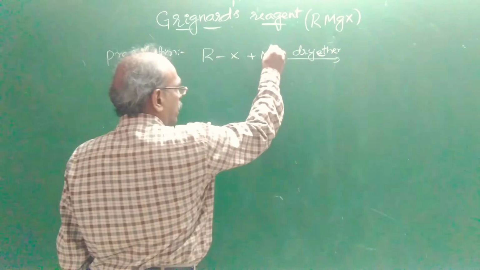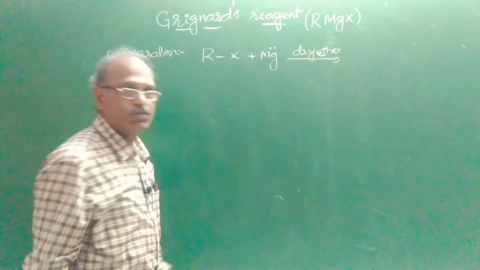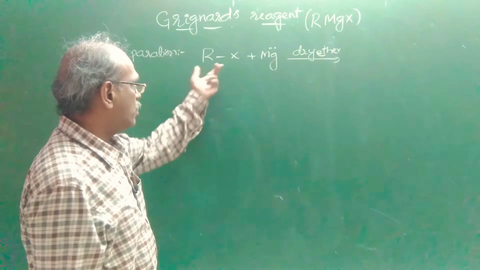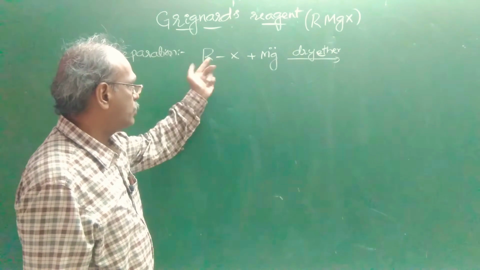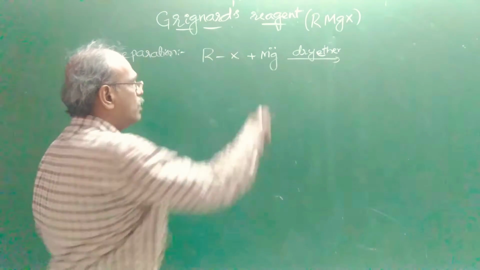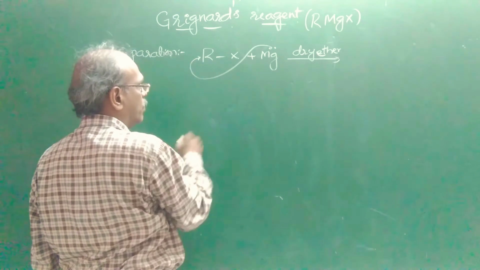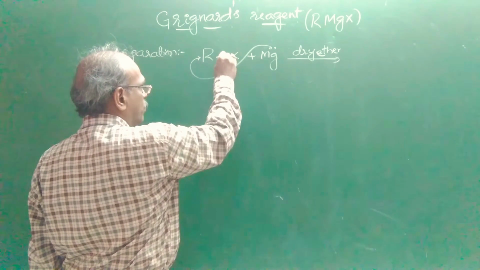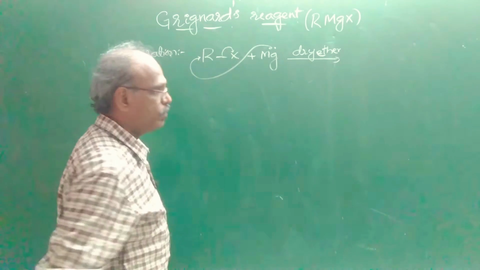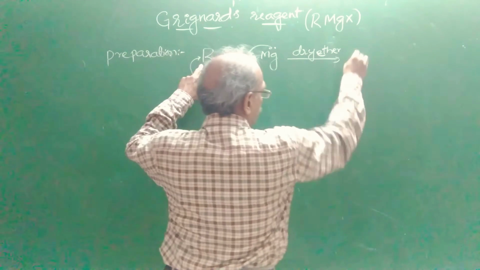See, magnesium has 2 electrons in its valence shell. Here the nucleophile can attack on this. It gives 2 electrons to this carbon part and this bond pair is pushed onto the halogen. Now what do I get?